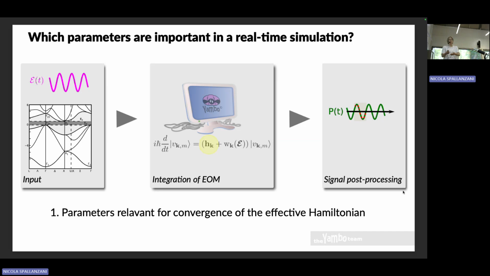If you have to convert the GW, or the Bethe-Salpeter, they are exactly the same parameters, so I'm not going to go through them, but you have to convert them carefully. Usually you will do a linear response calculation before, so you will already know those parameters.